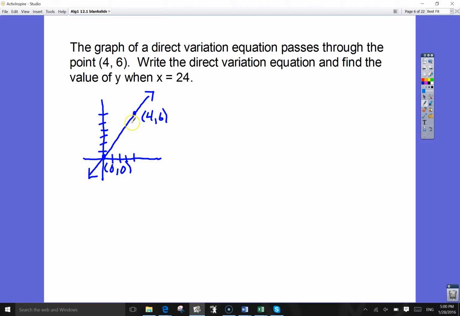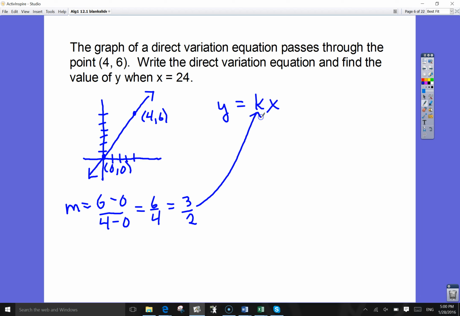So between these 2 points, if I use my slope formula, I would get 6 minus 0 over 4 minus 0, which is 6 over 4. Simplified, that's 3/2. But in our direct variation, y equals kx, the m is the k. So I can say that y equals 3/2 times x.